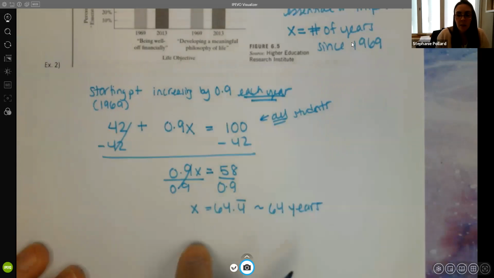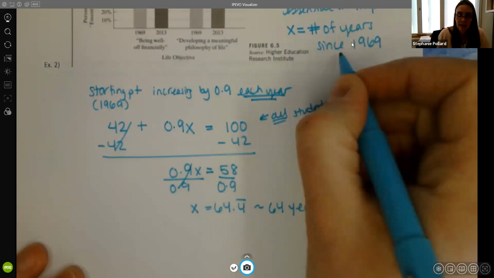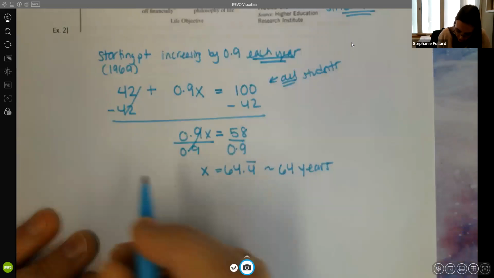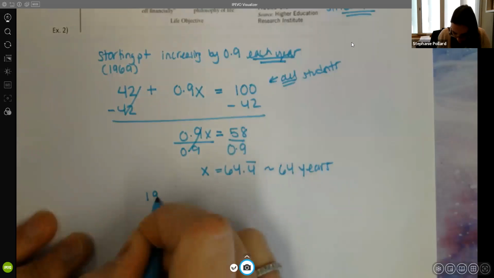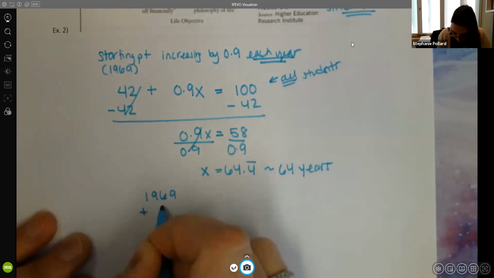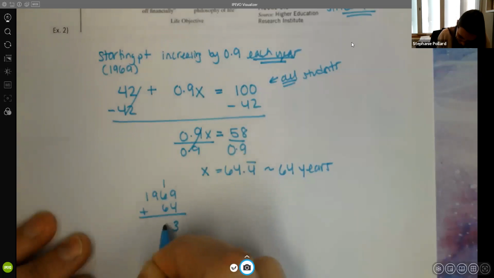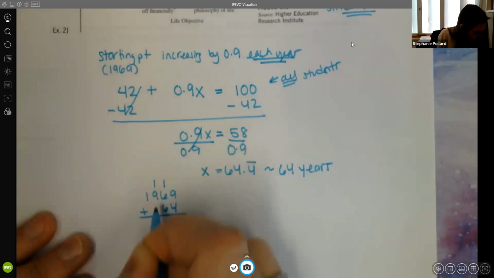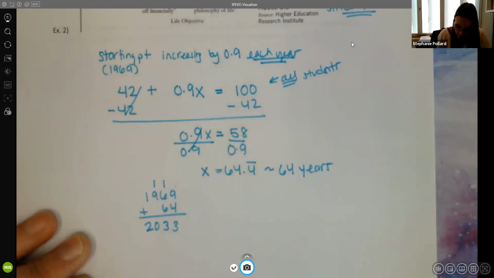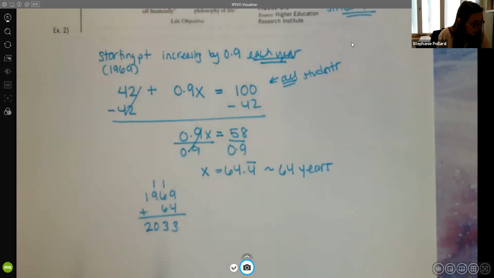Now remember, X is the number of years since 1969. So if I want to answer the question, I have to take that 1969 and add my 64 years to it. So what I get here is 2033.